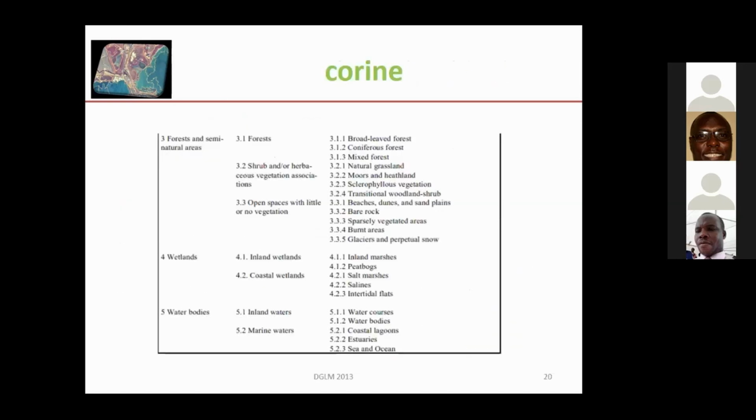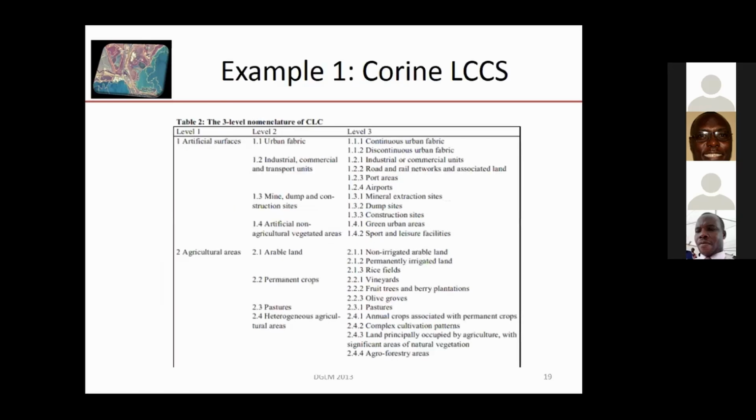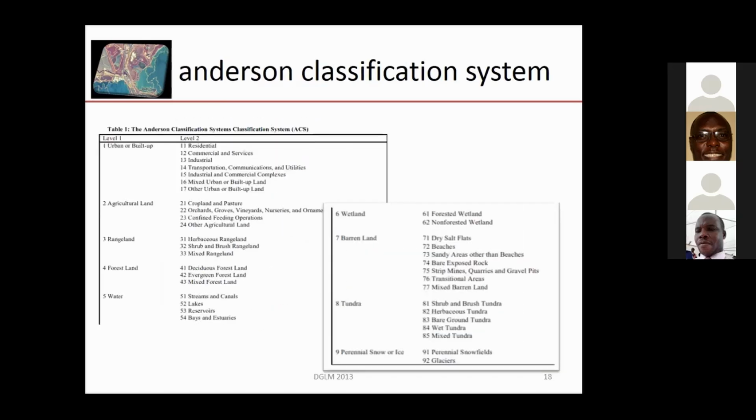If you look at wetlands, for example, the wetlands in this case are defined as inland and coastal wetlands, and then they define them as marshes, peat bogs, salt marshes, salines, and intertidal. If you get to the Anderson classification system, wetlands are just classified as forested.